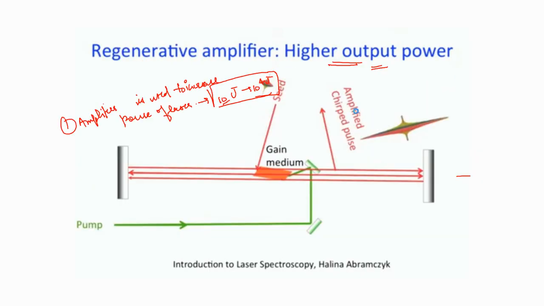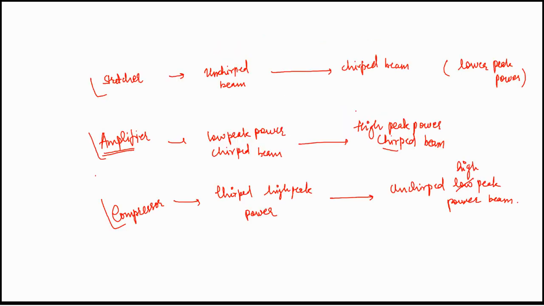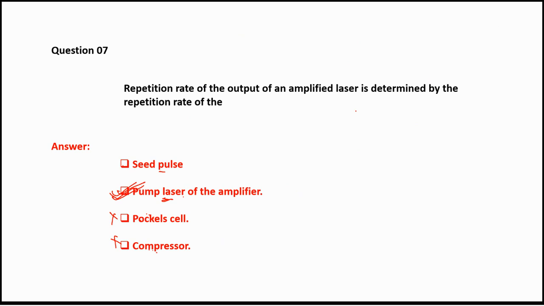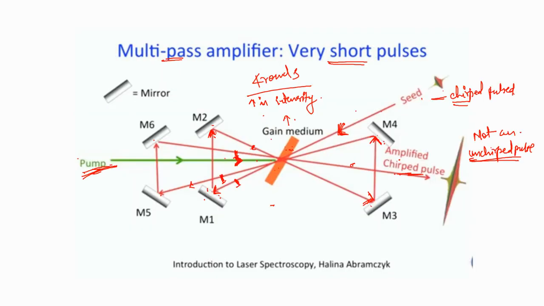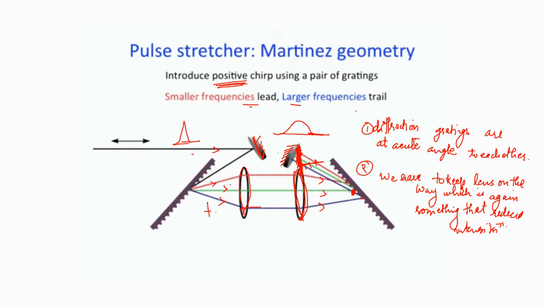If you have any doubt in any of these questions, feel free to ask, or else we'll just finish this session. Here we have written the basic summary of a stretcher, amplifier, and compressor, which covered most of this week's module. And these are the different arrangements: the multipass amplifier system and the regenerative amplifier system.